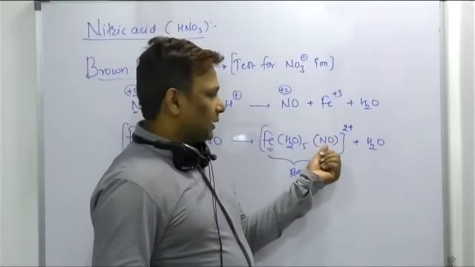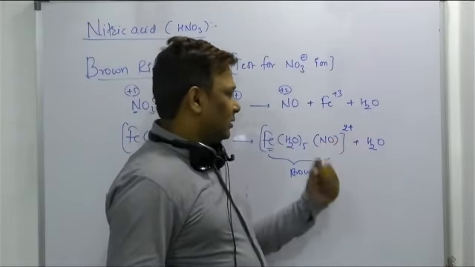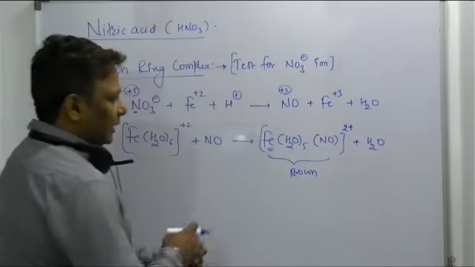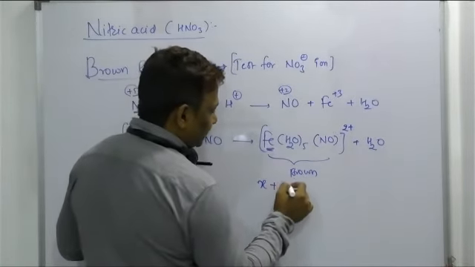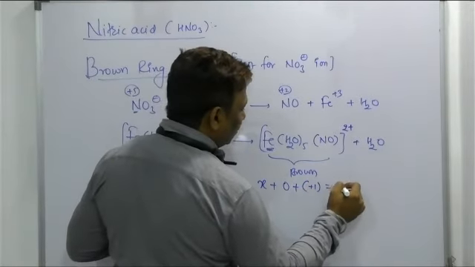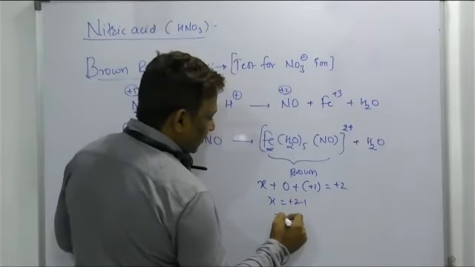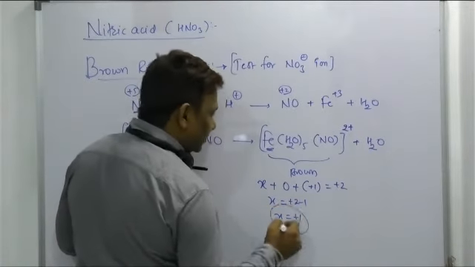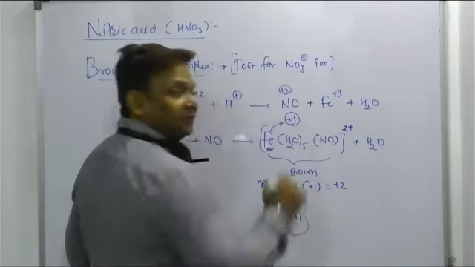I will write like that: Fe becomes x, water becomes 0, NO becomes plus 1, equal to plus 2. So x equals plus 2 minus 1, x equals plus 1, which means the Fe present in this complex is in the plus 1 state.